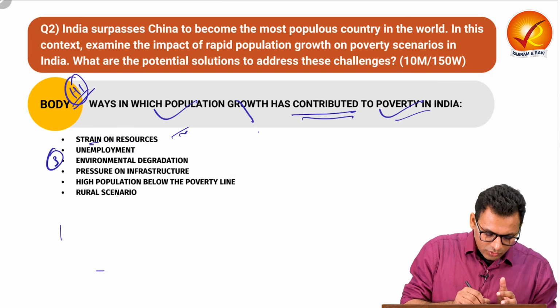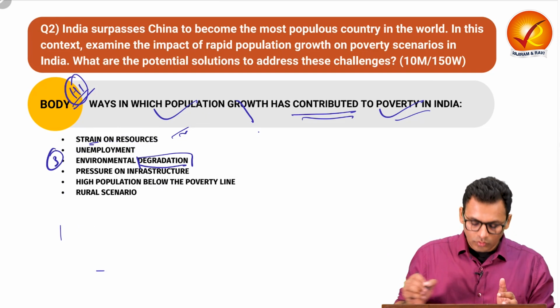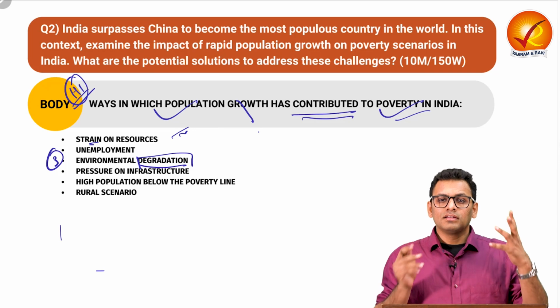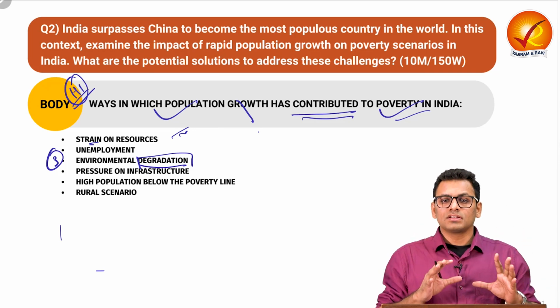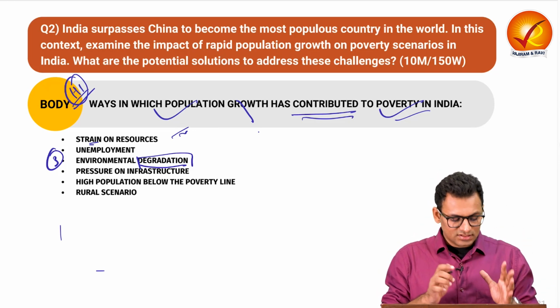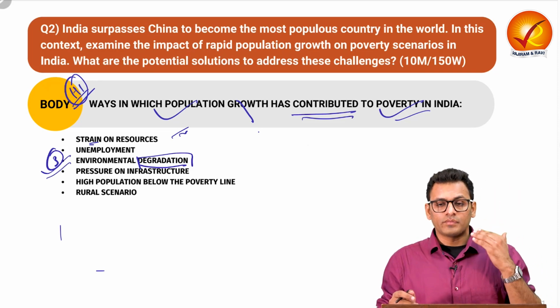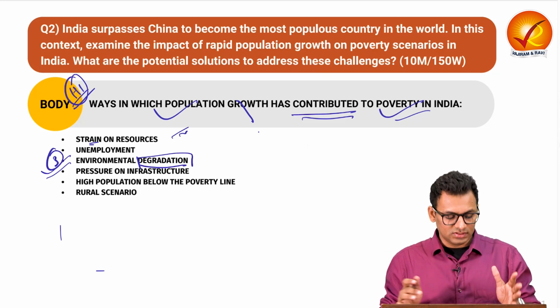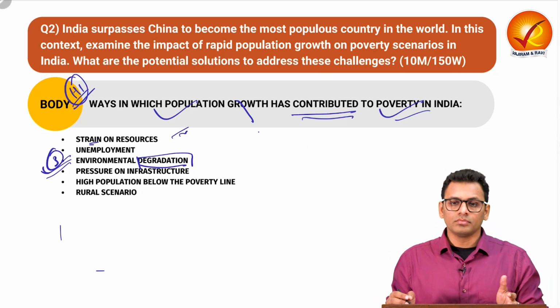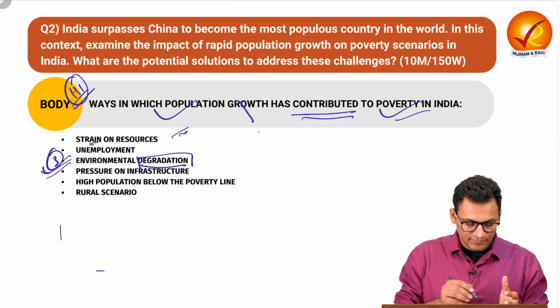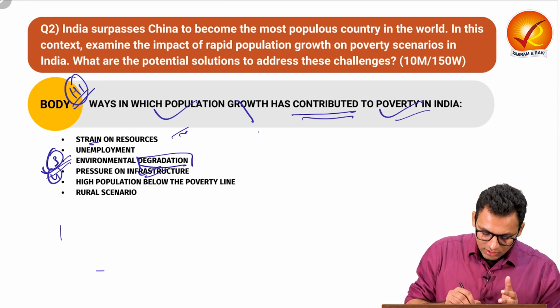The third point we are talking about is environmental degradation. Over here, we are looking at higher strain on the ecological carrying capacity of the system, where population growth will definitely put a lot of pressure on the environment and the resources. Now that is going to impact the environment directly. The fourth over here is pressure on infrastructure.